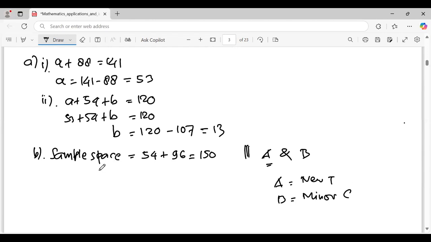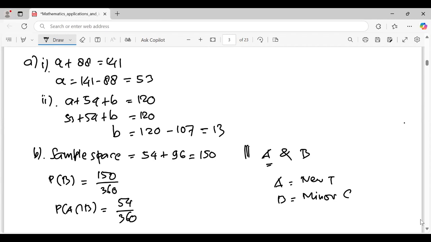So the probability of B is 150 over 360, and the probability of A intersection B is 54 over 360. Okay, that's the probability.